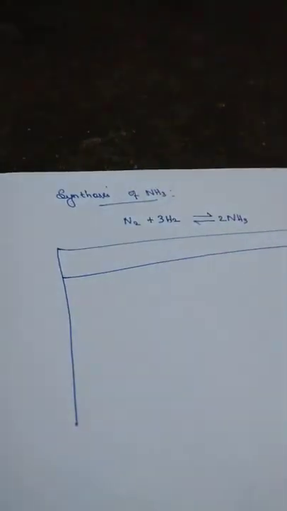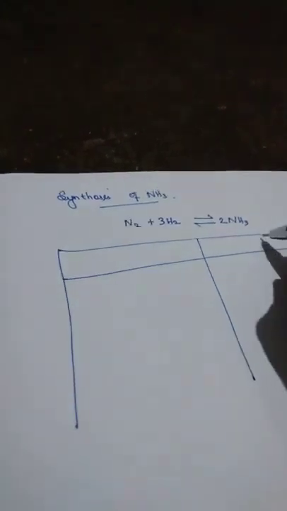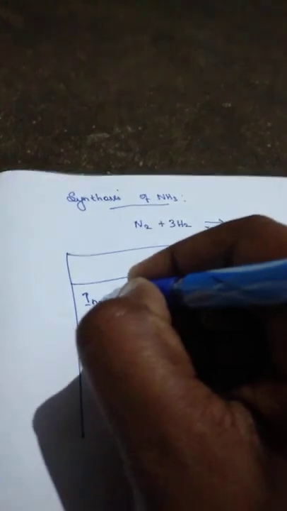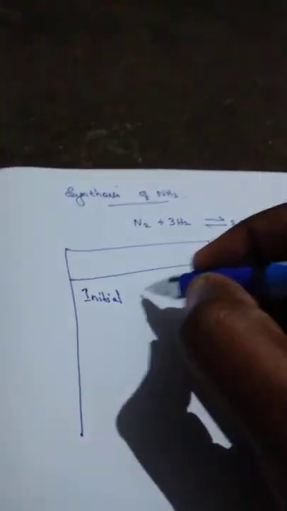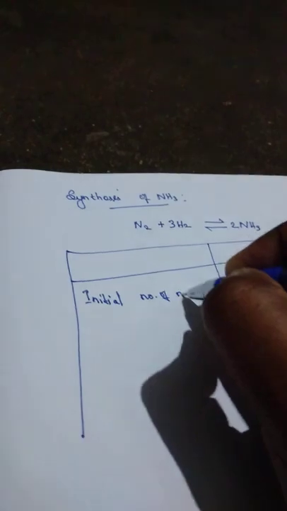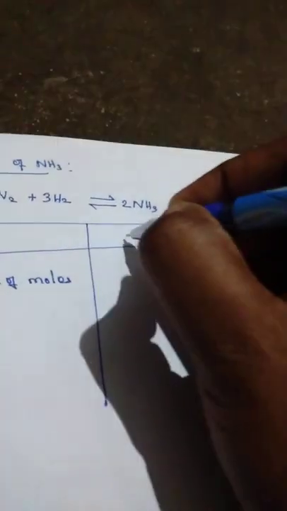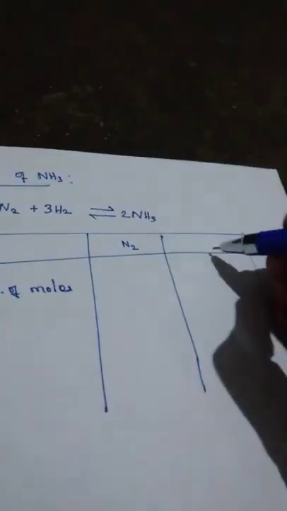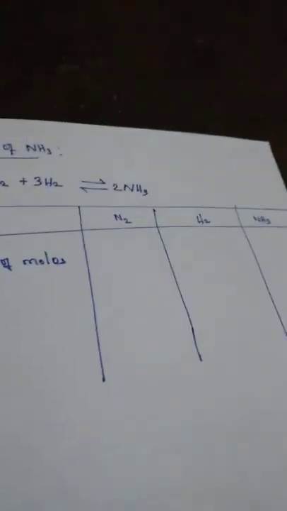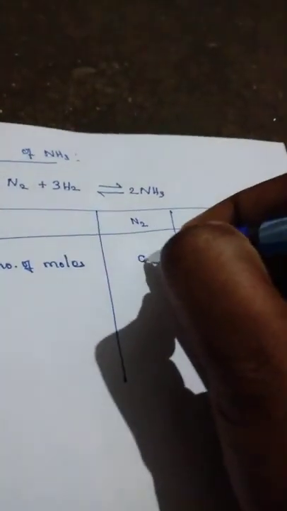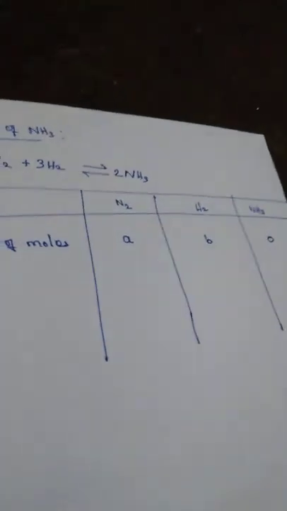First you can write the initial number of moles. Here, first write the reactants and products. What are the reactants present? Nitrogen, hydrogen, and the product NH3. So can you tell the initial number of moles of nitrogen and hydrogen, A and B, and NH3, 0?